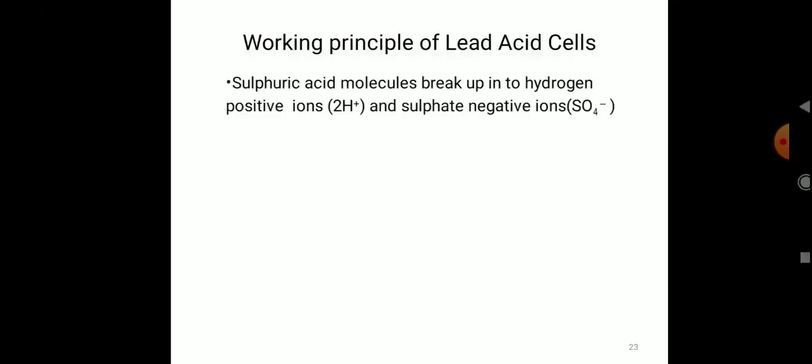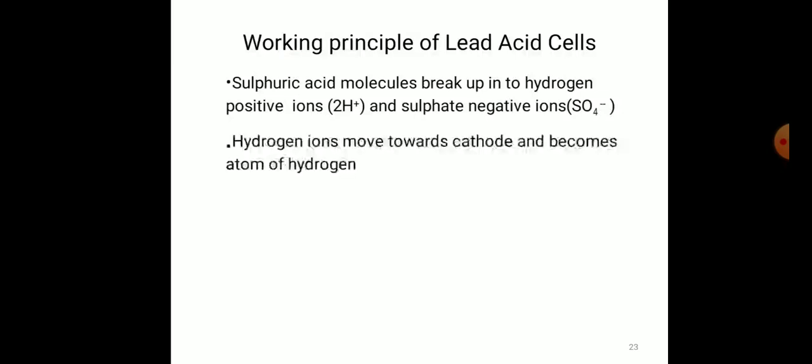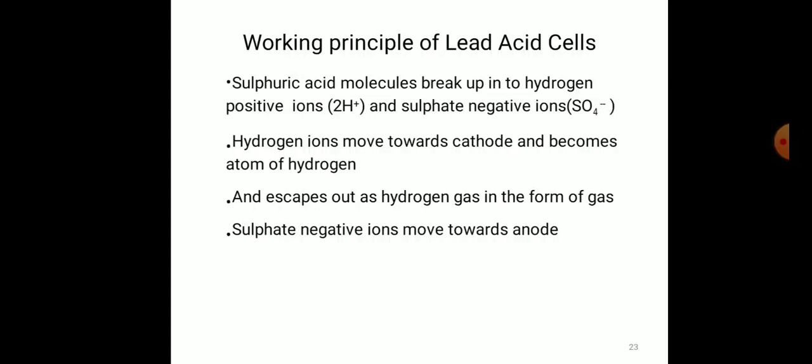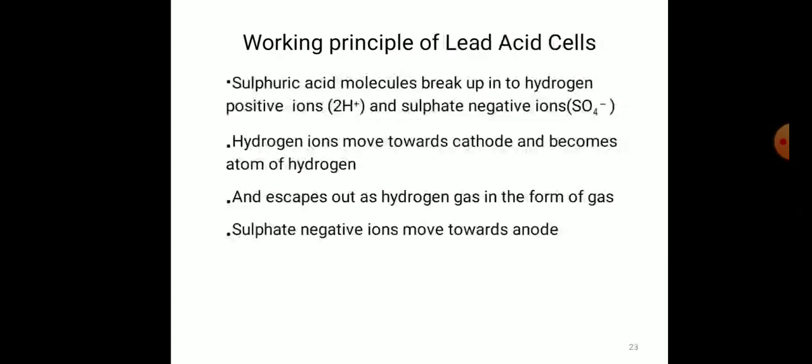Next, the working principle of lead acid cells. Sulfuric acid molecules break up into hydrogen positive ions and sulfate ions. We already discussed that in the lead acid cell three active materials are there: lead peroxide, spongy lead, and the electrolyte, which is dilute sulfuric acid.